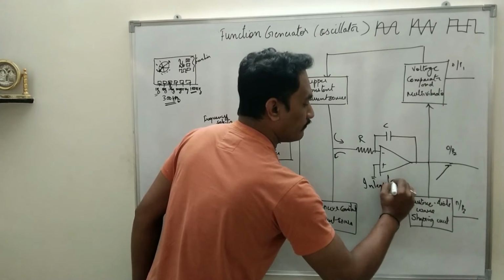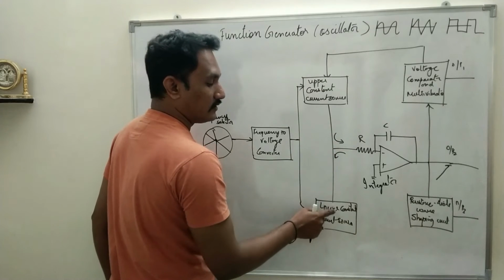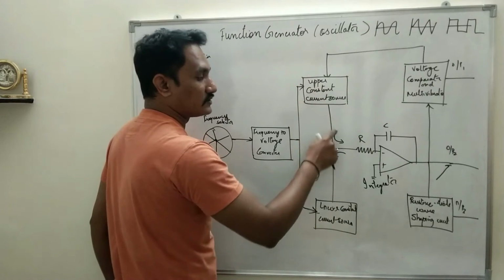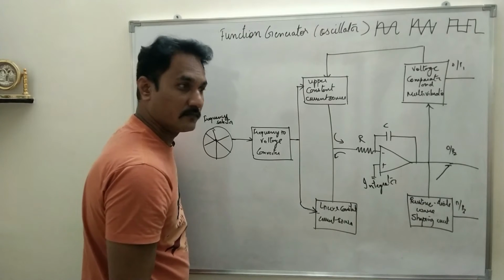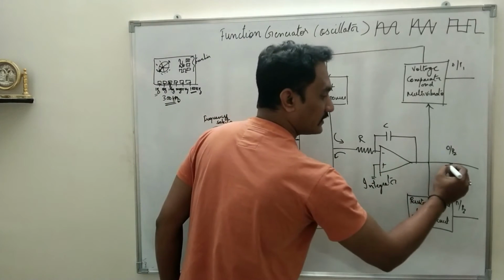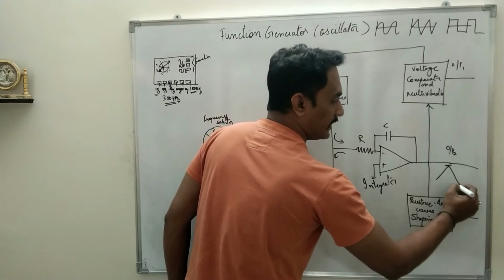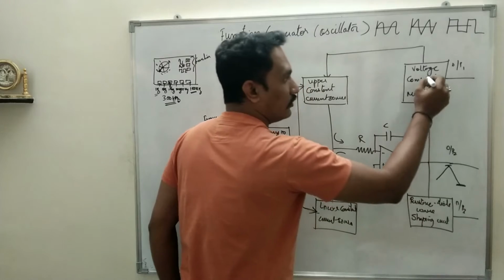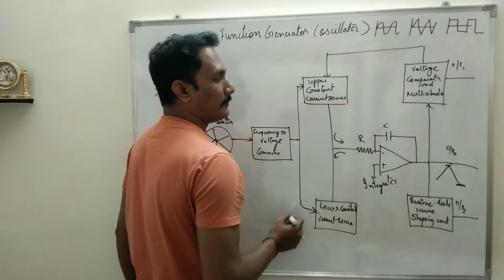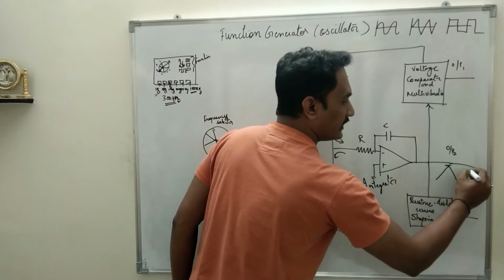As I said, the lower constant current source and upper constant current source are 180 degrees out of phase. So when the 180 degree phase-shifted current is provided to the integrator, the output of the integrator will keep on decreasing. Again, at a predetermined value, the voltage comparator will switch on the upper constant current source, and the output of the integrator will increase.